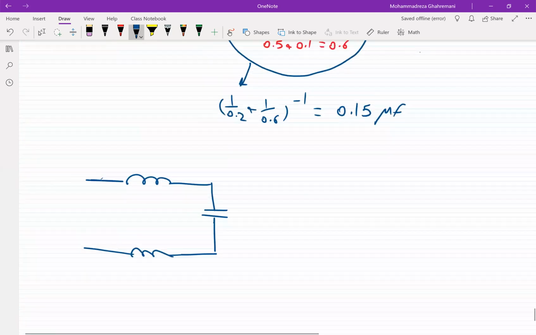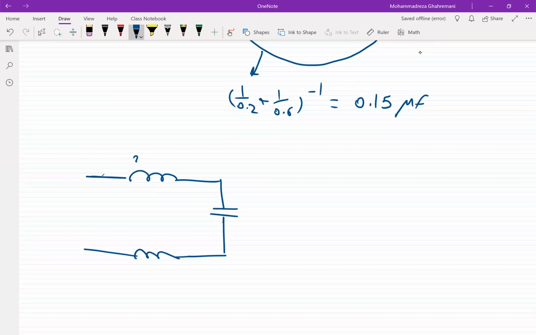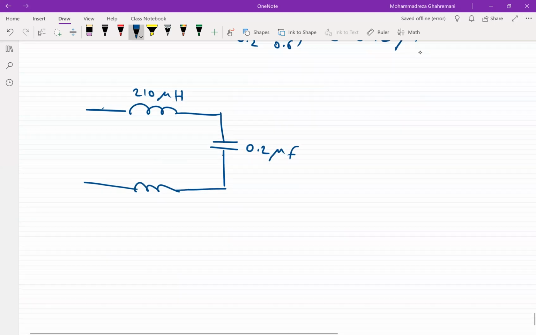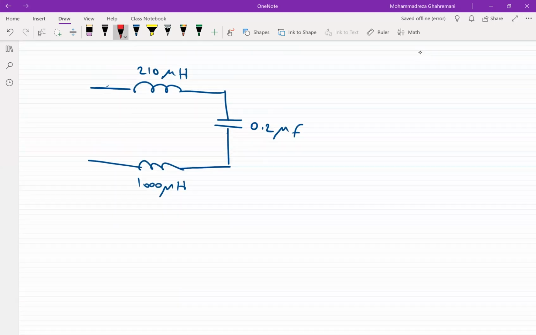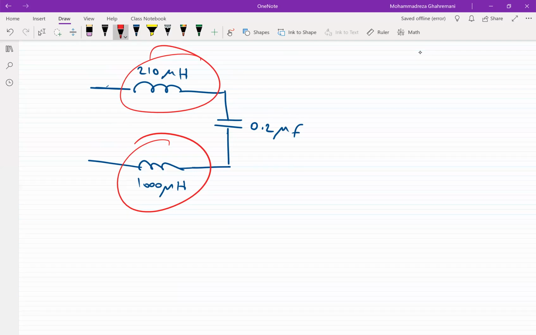Okay, the values, of course, are 210 microhenry, 0.15 microfarad, and 1000 microhenry. And then we can say that these two inductors are in series.